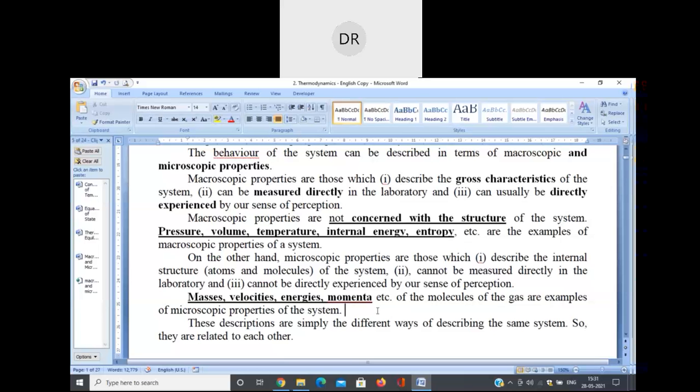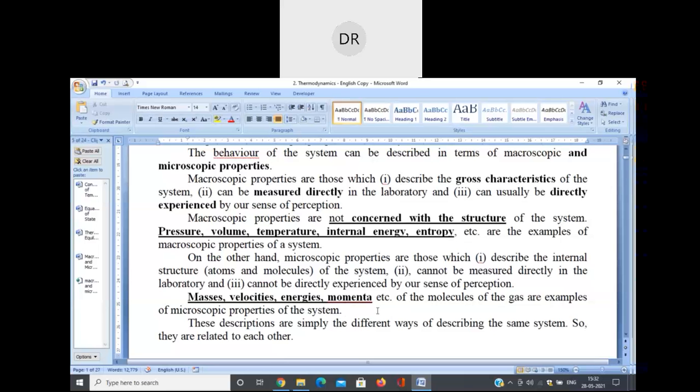The macroscopic properties can be experienced by our sense of perception. But in case of microscopic properties, we cannot experience them by our sense of perception.